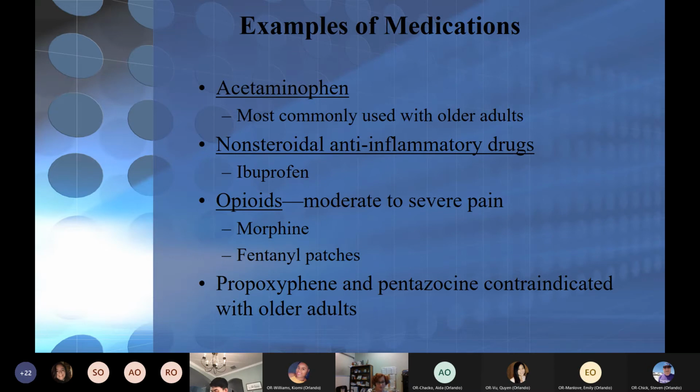NSAIDs also promote renal insufficiency because they are excreted renally, so it's a challenge for anybody who has renal problems. And it blocks the prostaglandins. In other words, it reduces the fever, pain, and swelling that the prostaglandins cause. So just 3 things to remember as a class of NSAIDs.